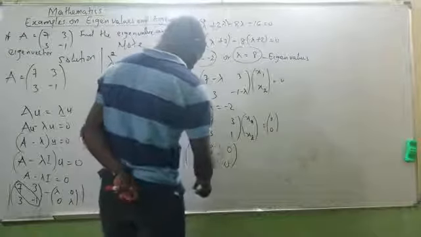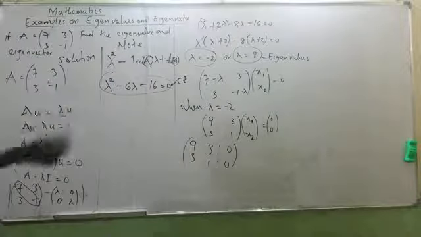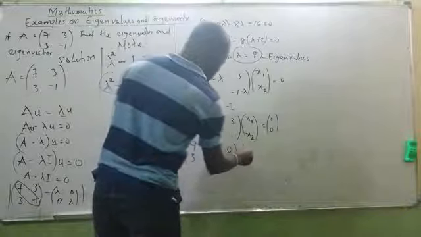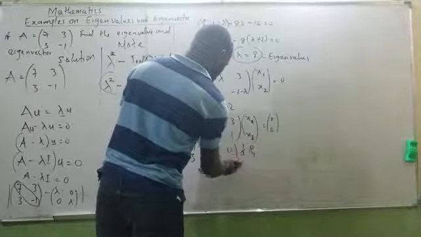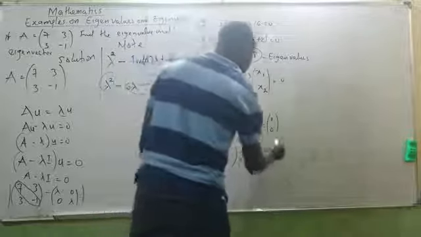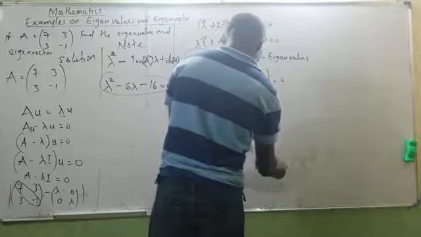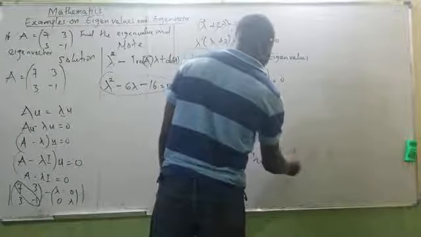I will divide row 1, and this will remain the way it is, which is reduced to 3, 1, 3, 1, and 0, 0.